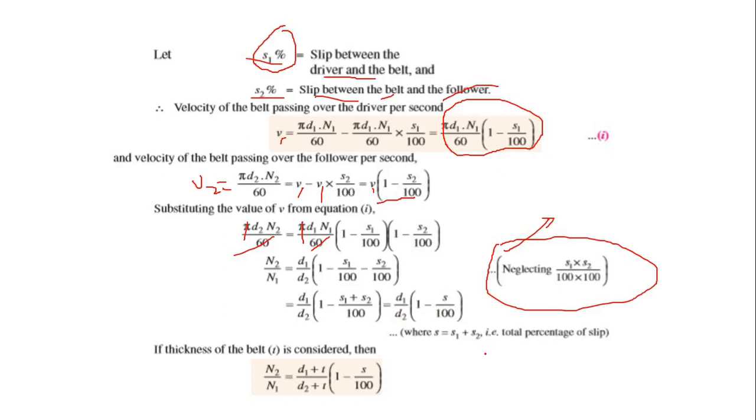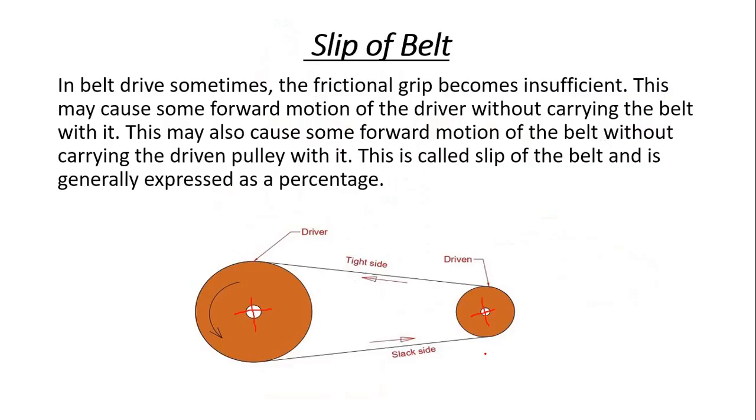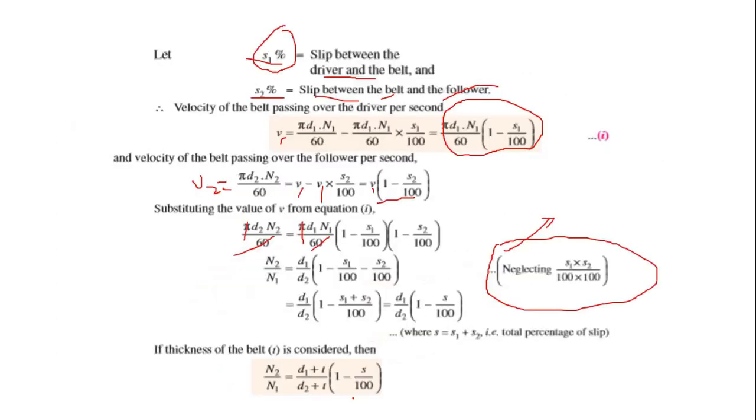Now student, if the thickness of the belt is considered, because the diameter is up to here, this is the diameter D1, but some oversize, suppose this is the belt, so this thickness can be taken. If thickness is considered, then t will be added in the numerator and denominator of this equation.